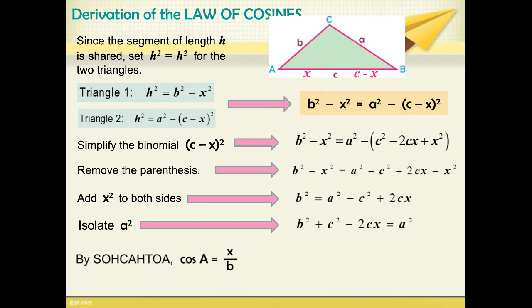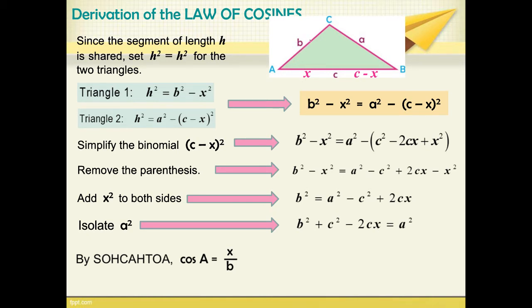Now, by SOHCAHTOA, cosine A will be equal to x over b, right? Because cosine of an angle is equal to the adjacent over the hypotenuse. And in the first triangle, the adjacent side here is x.